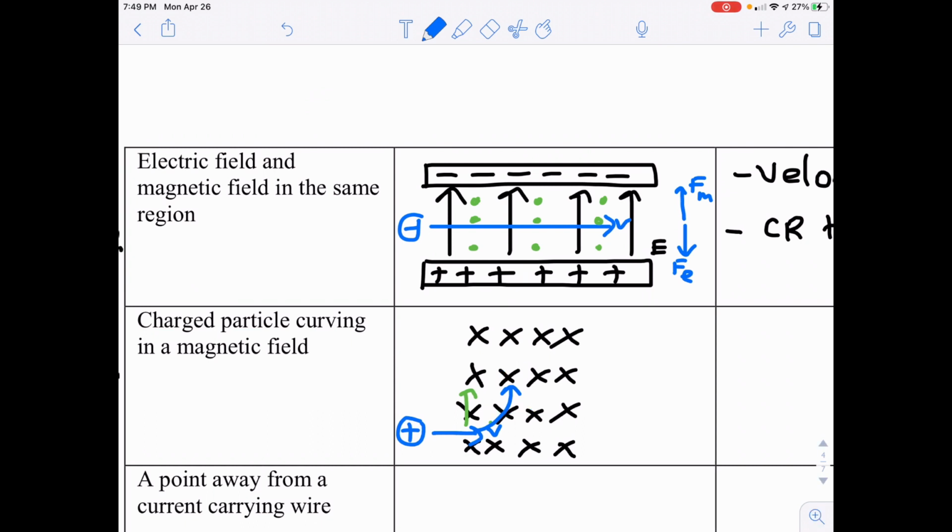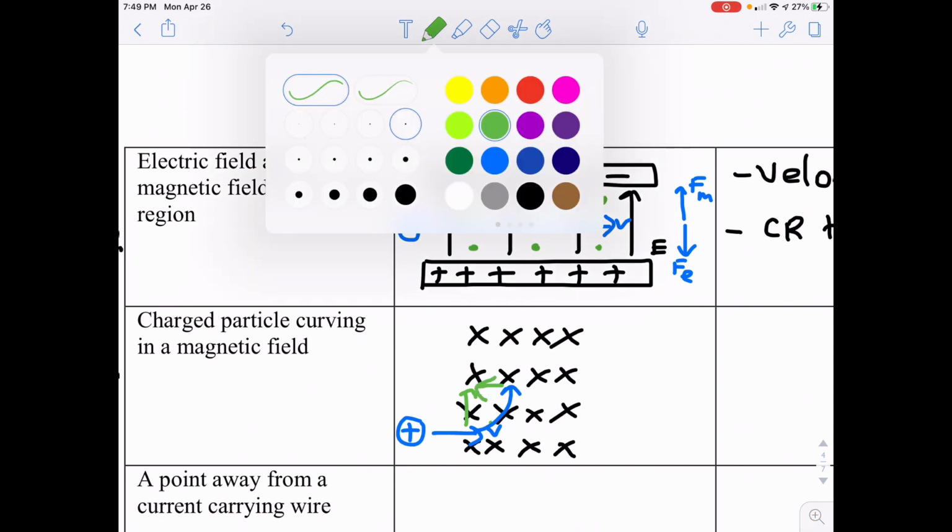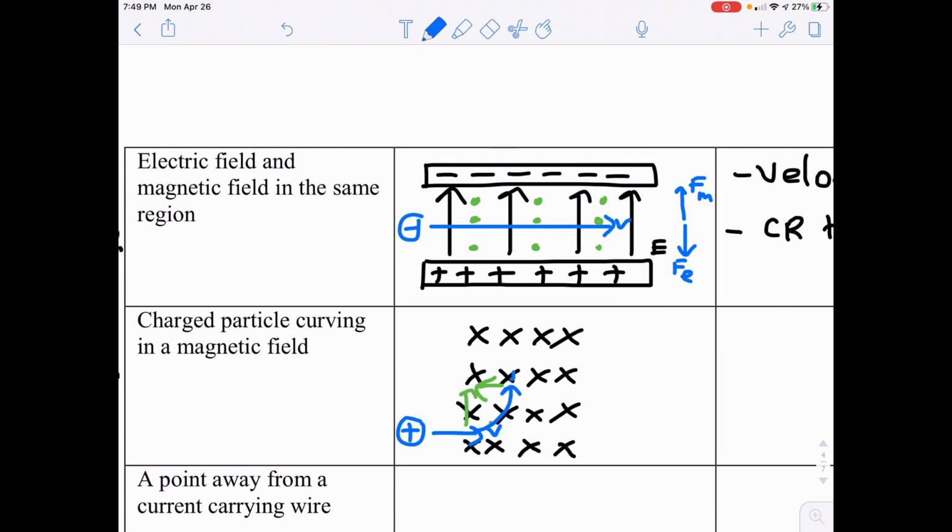Now at this location, same thing. Fingers into the page, thumb is now directed up, because up is now the new direction of velocity, and our force is directed this way. Again, curving the path in a semicircle.